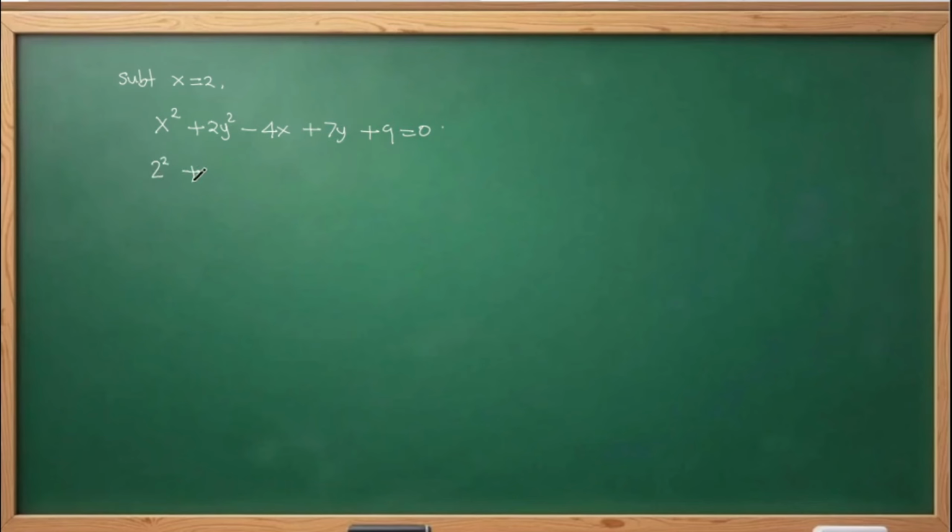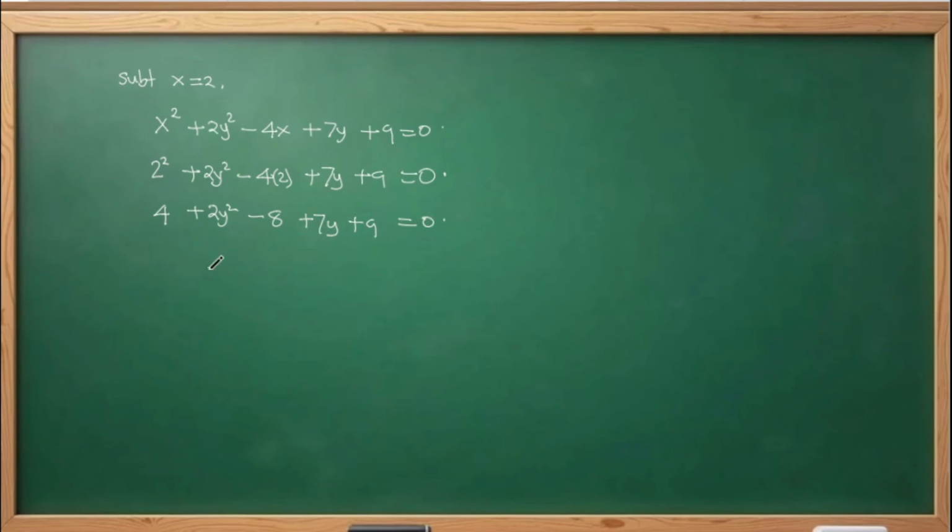So 2 squared plus 2y squared minus 4 times 2 plus 7y plus 9 equals 0. So this one simplifies to 4 plus 2y squared. This one goes to 8 plus 7y plus 9 equals 0.